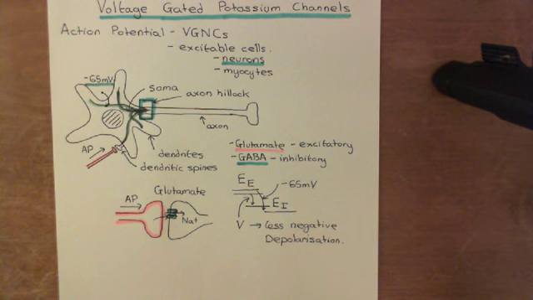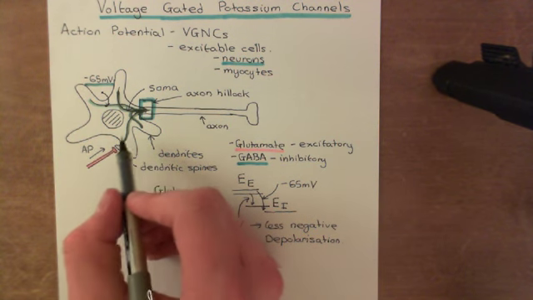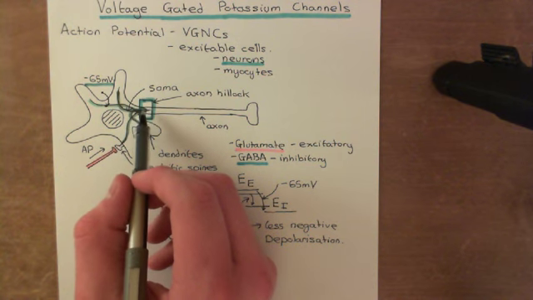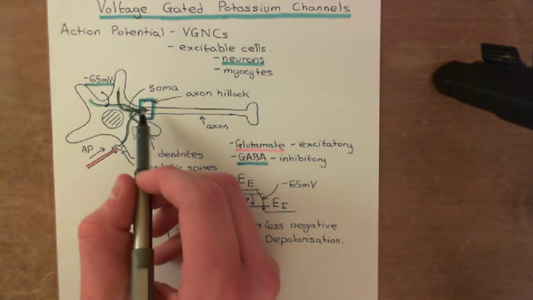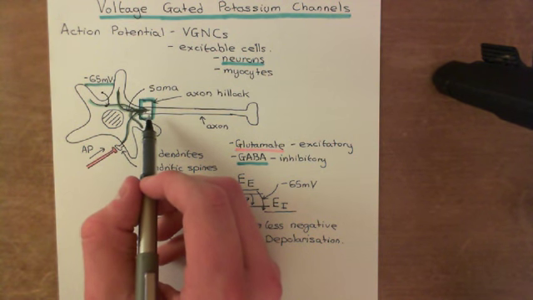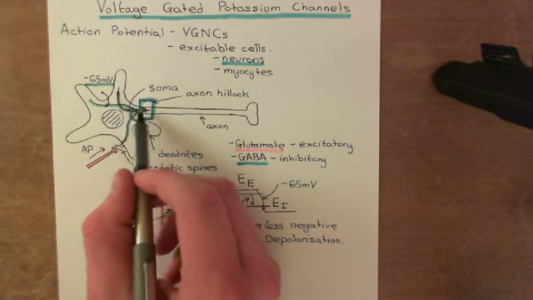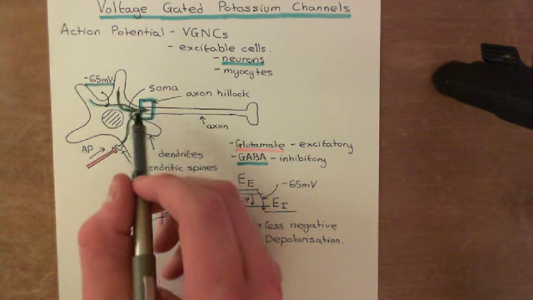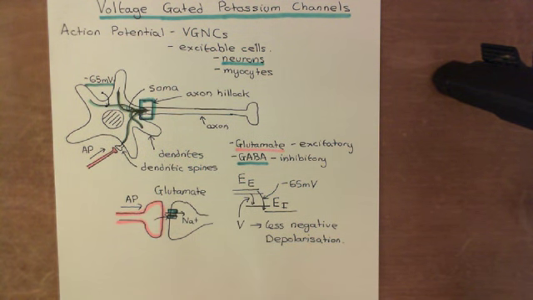Okay, normally what would happen is the excitatory input will be balanced by the inhibitory input. Okay, so the sodium positively charged ions will be perfectly balanced by the chloride negatively charged ions, and that would not cause the axon hillock to fire an action potential. But now let's say that the sodium current is going to beat the chloride current, so that the axon hillock is now going to fire an action potential.